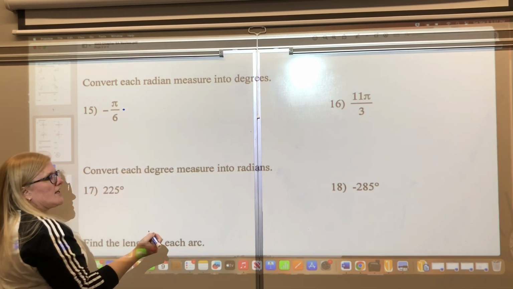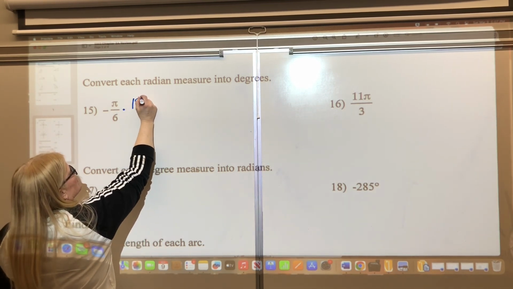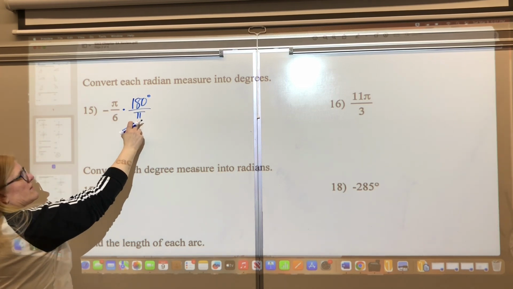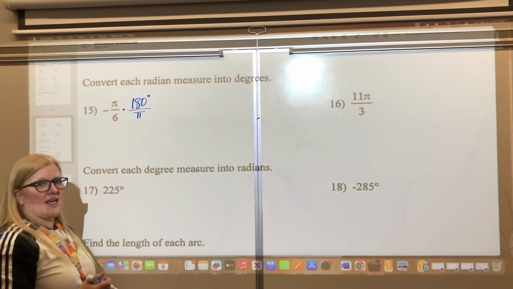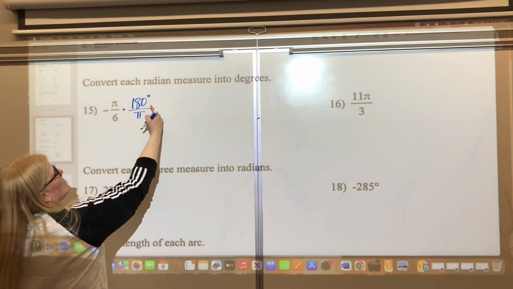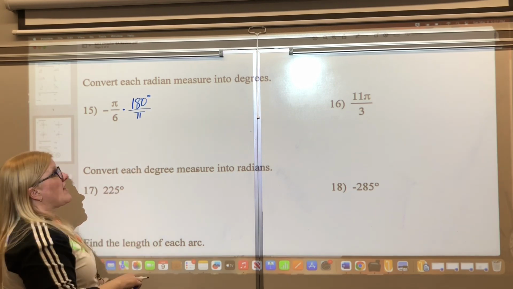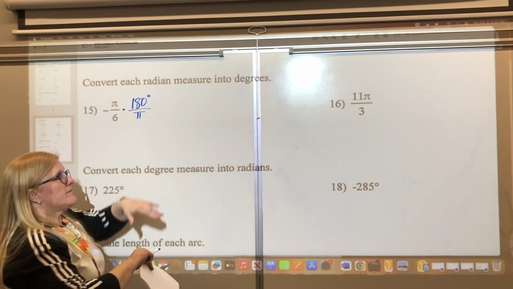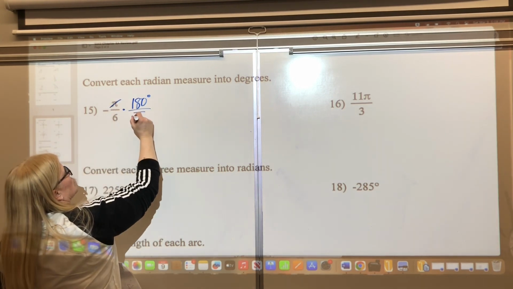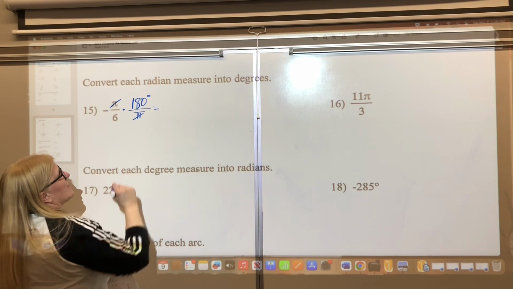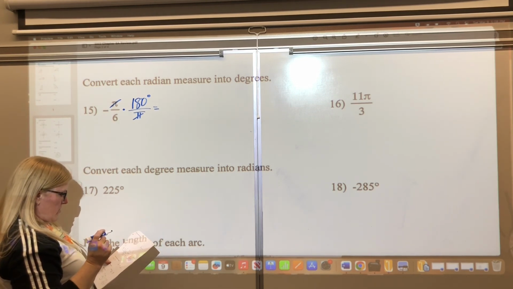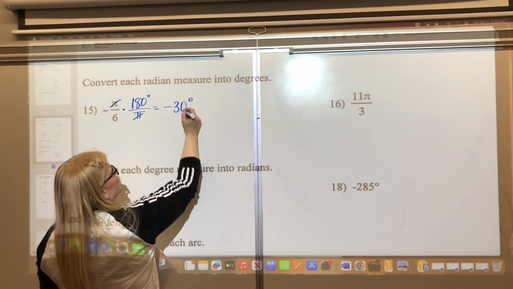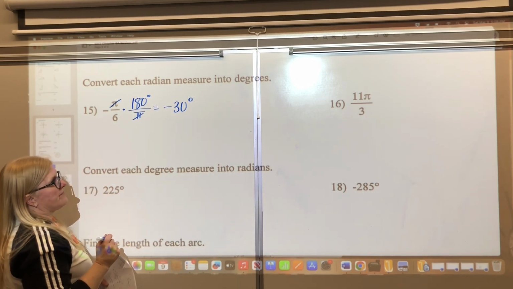So since I want it in degrees, degrees is going to go on top because I want the pi's to cancel. 180 and pi are the same thing, so this is the same thing as multiplying it by 1. So the pi's cancel. Negative 180 degrees over 6 is the same thing as negative 30 degrees.